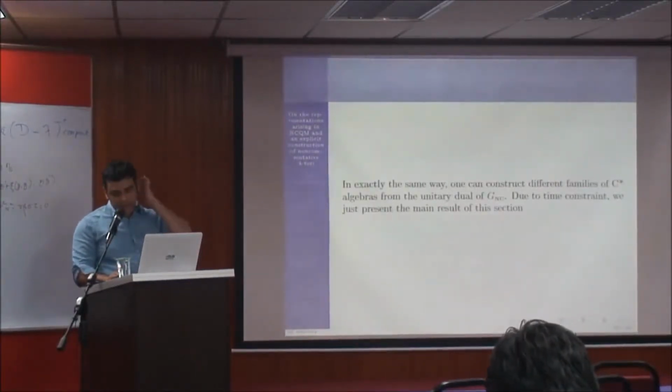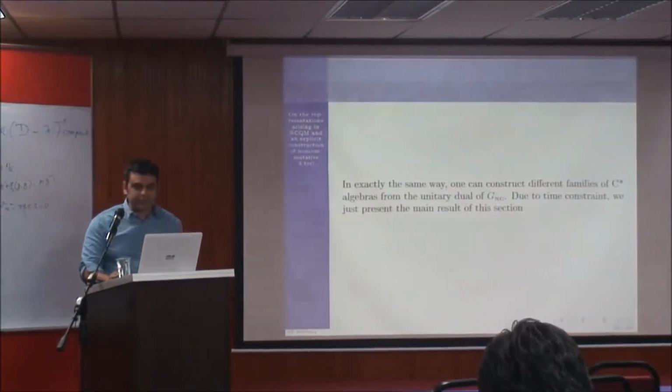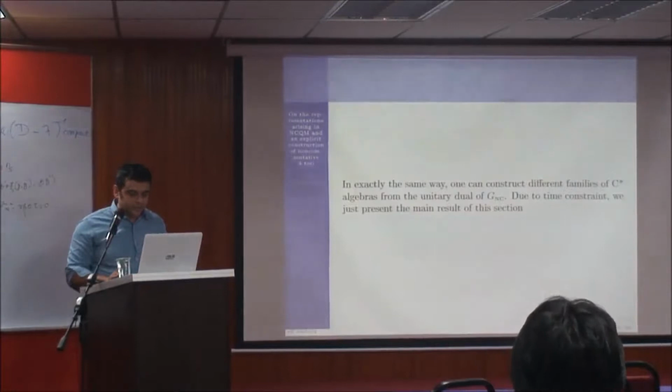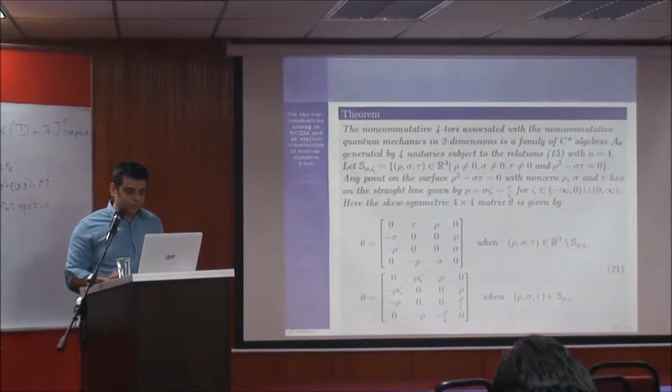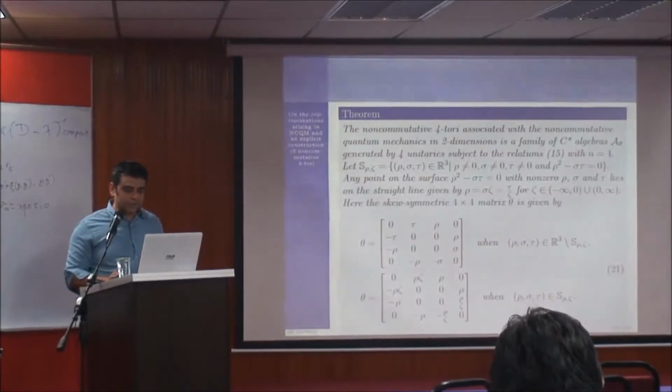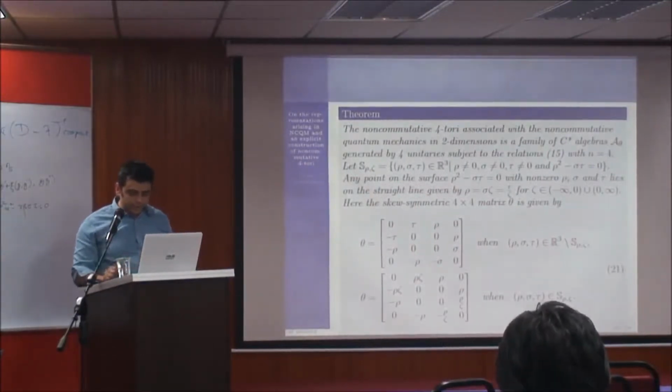Here I write how, using a similar technique, we can find the other relations. So here is a theorem stating how we find the non-commutative 4-tori using the unitary irreps of G and C. Everything follows from these two skew-symmetric matrices.